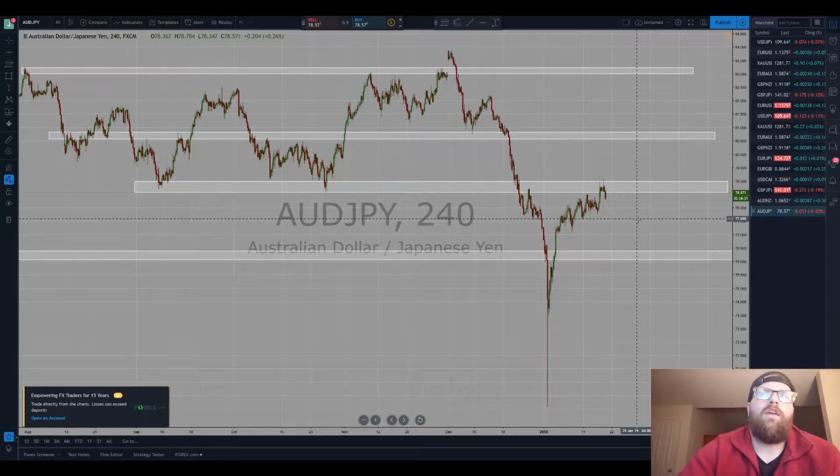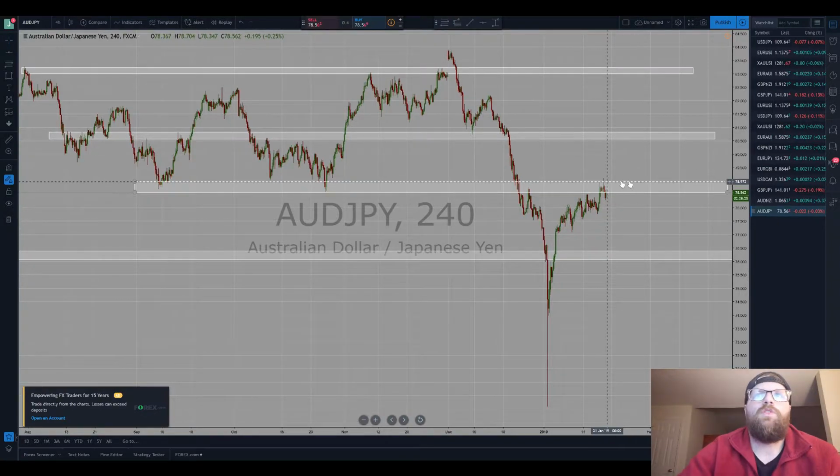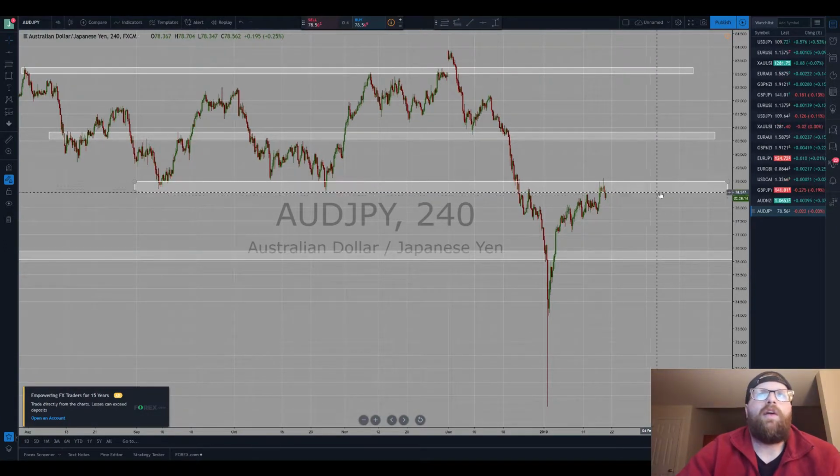And so my approach to this is that you can have much better results if you wait for price to react to these zones that are drawn, instead of setting a buy order or a sell order, a buy stop or a sell stop at a support and resistance level.